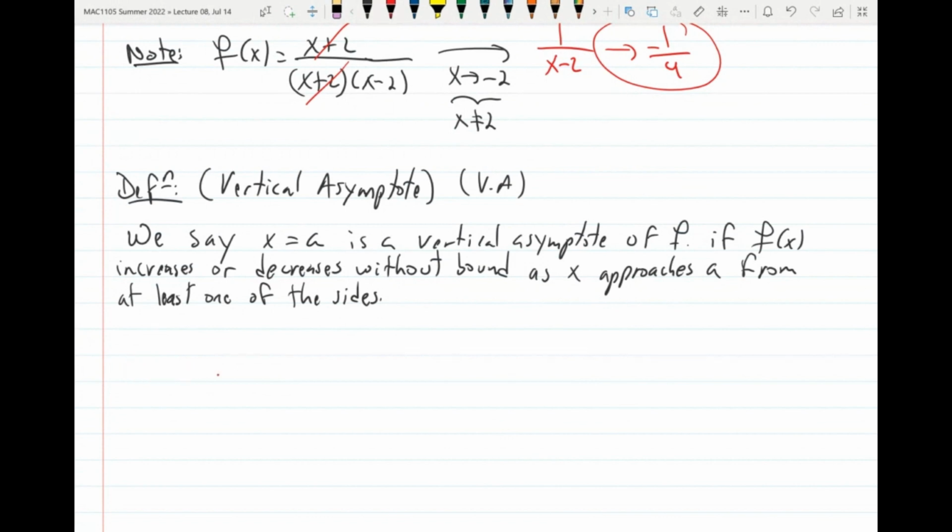And then I guess let me define what a hole is. So that's number 1, then number 2.